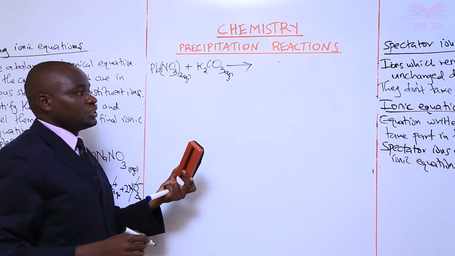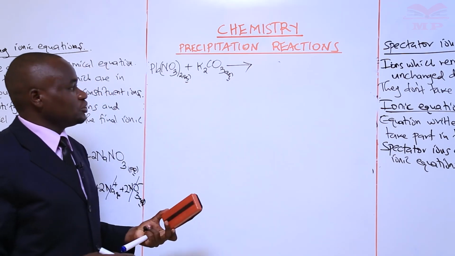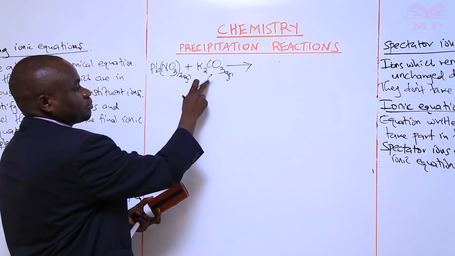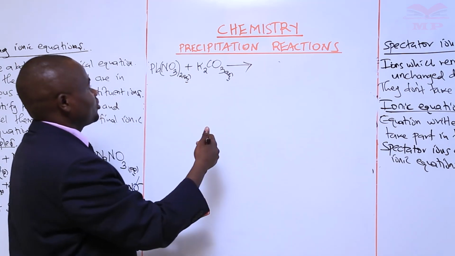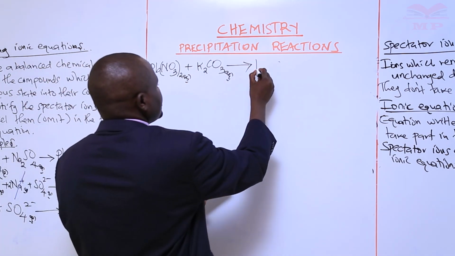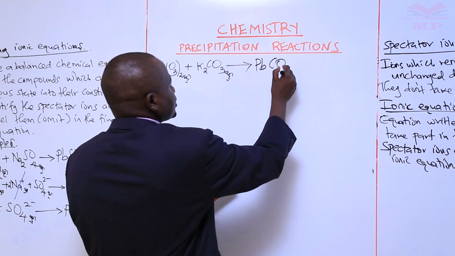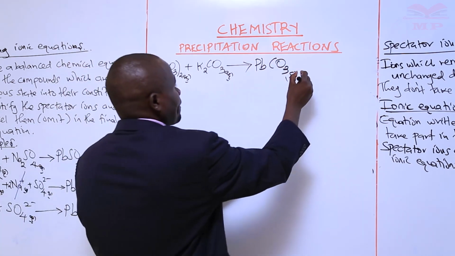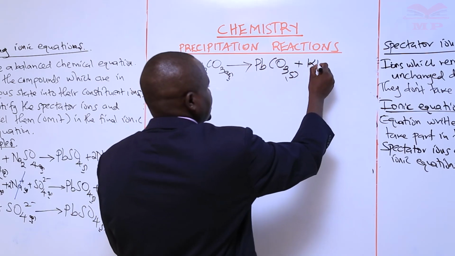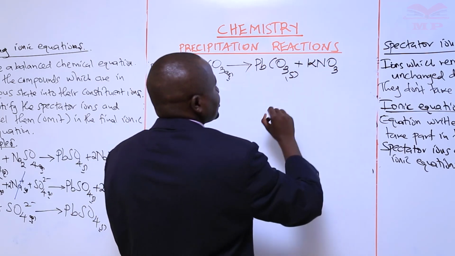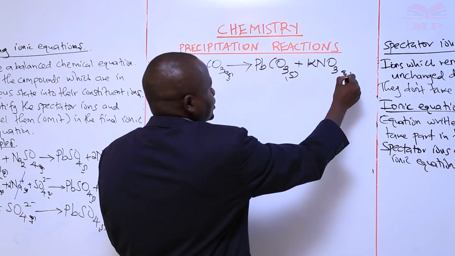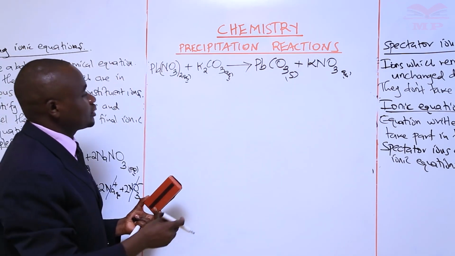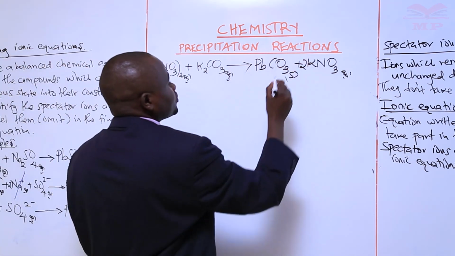Remember, we have said such a kind of reaction, we call it precipitation because the two are soluble salts. They react by exchanging ions. So our product will be lead carbonate, which is insoluble, so we put S, plus potassium nitrate. This one is aqueous because it is a soluble salt. So we balance, we put here 2.